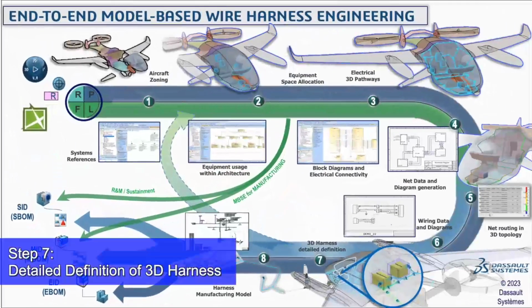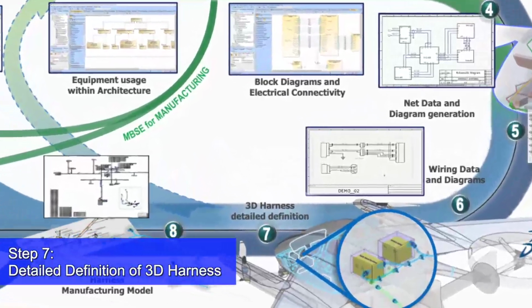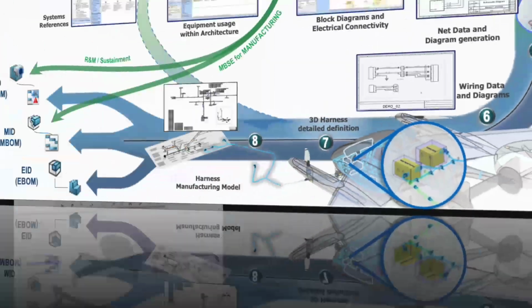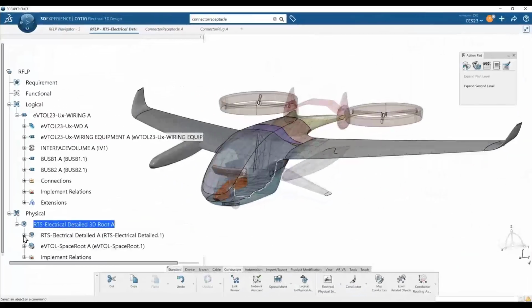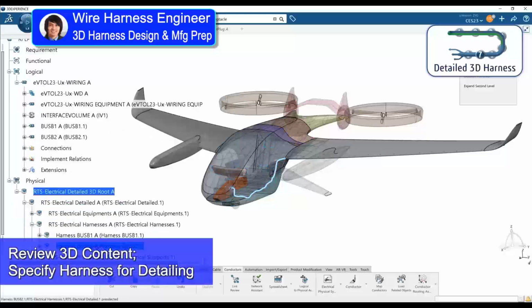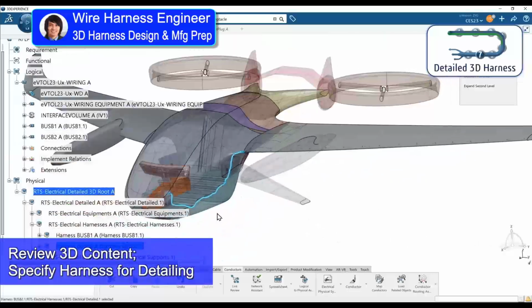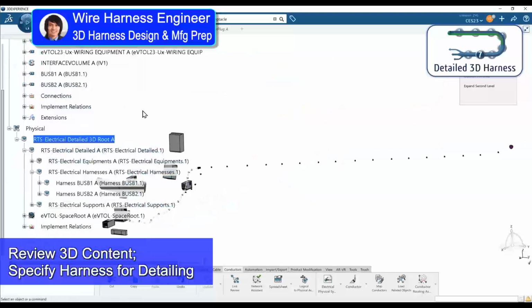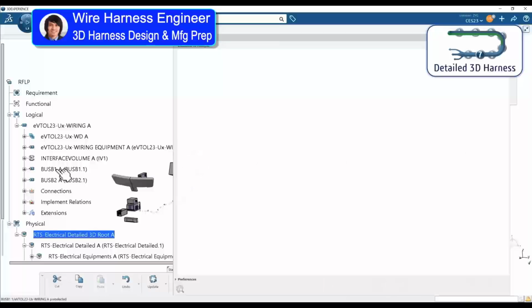Step 7 synchronizes the logical definition from Step 6 with the 3D routing and finalizes the 3D harness design. The wire harness engineer reviews the 3D content, and since bus B2 is already complete, he will specify bus B1 for further detail.